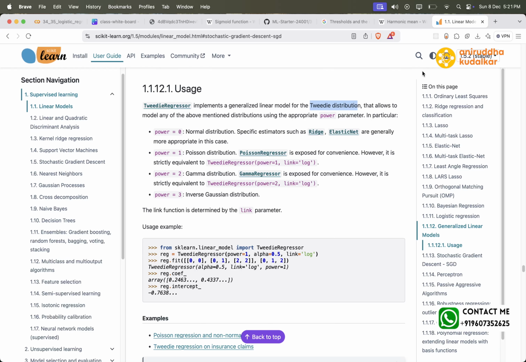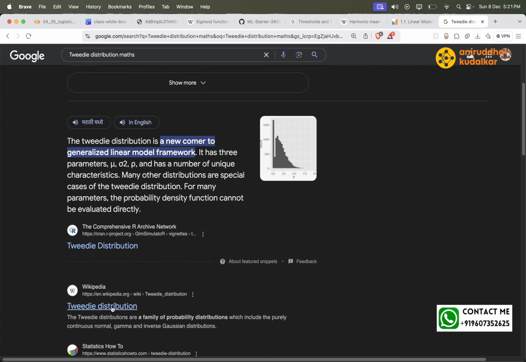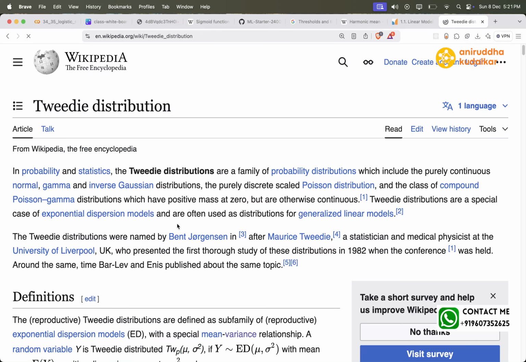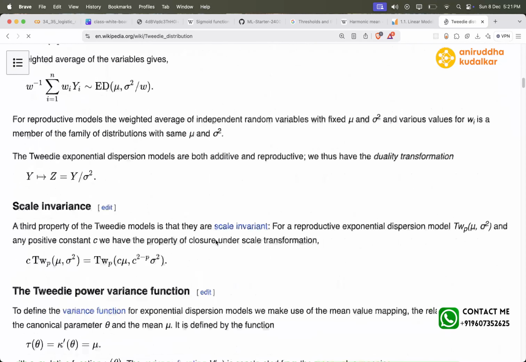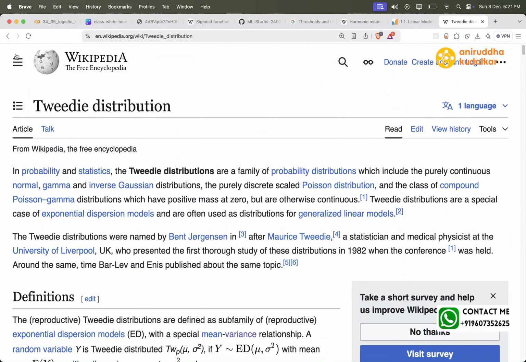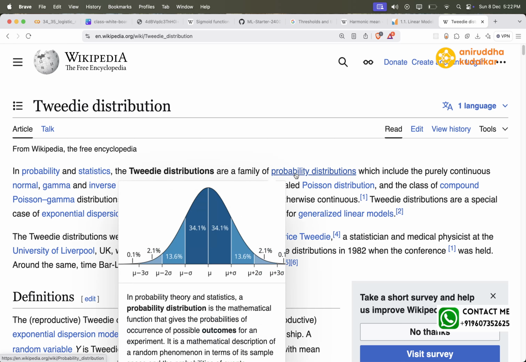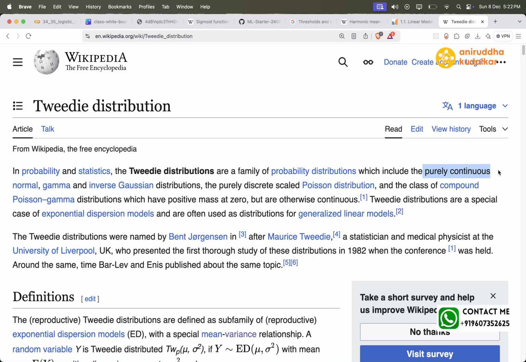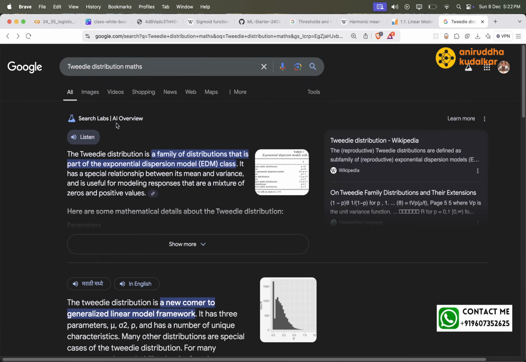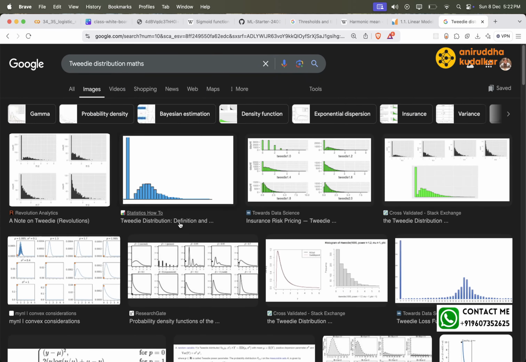If you go here, in probability and statistics, the Tweedie distributions are a family of probability distributions which include the purely continuous normal, gamma and inverse Gaussian distributions, whatever. So go here and just search for the Tweedie distribution.